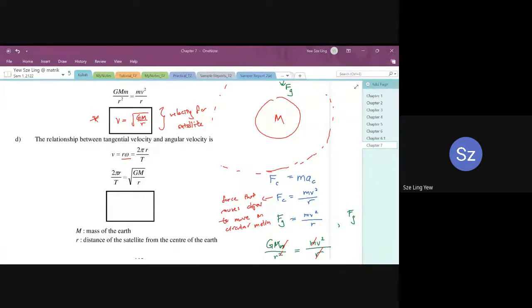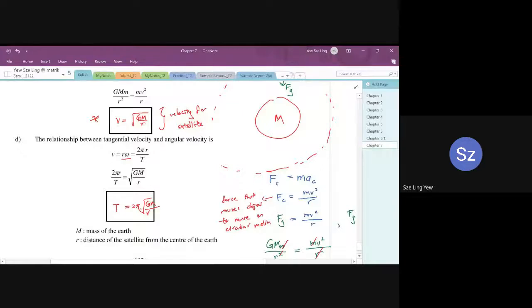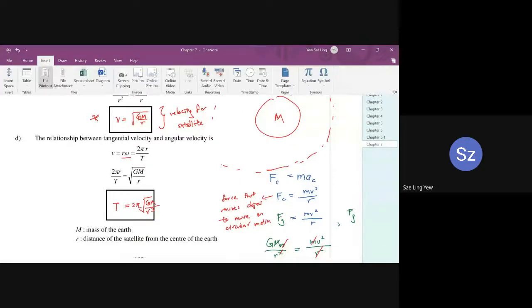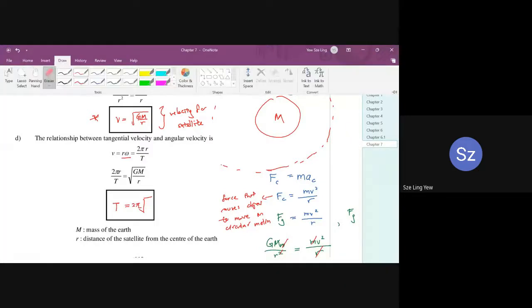Therefore, by rearranging the equations, you can obtain the period, which equals 2 pi times the square root of r cubed over GM. Sorry, I mixed that up. Not GM over r cubed, but r cubed over GM.